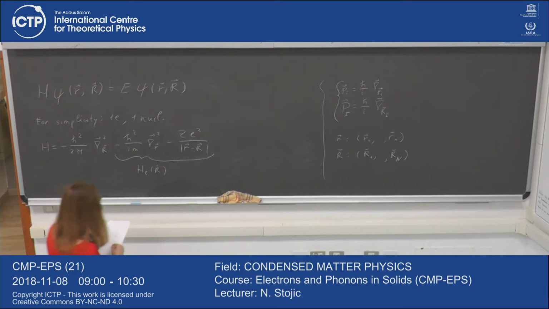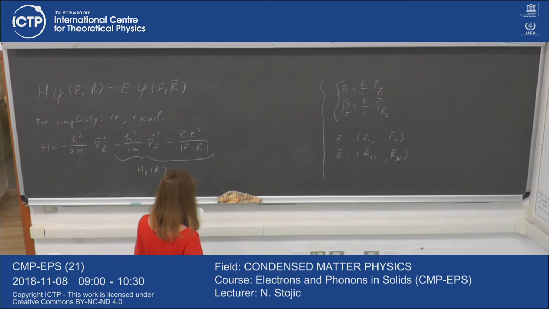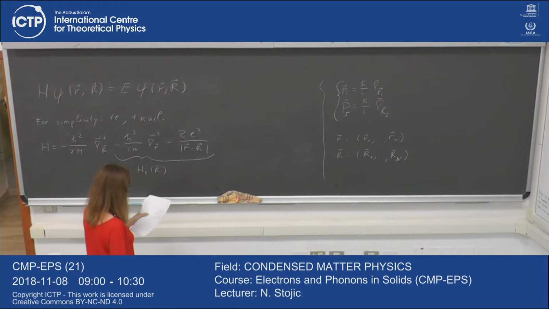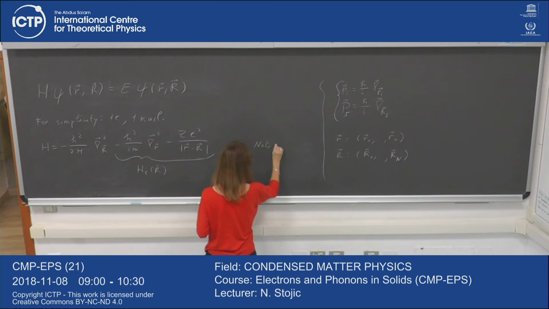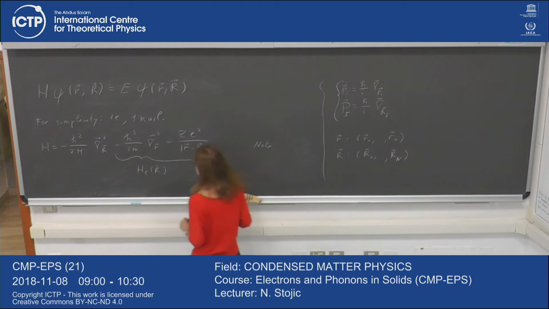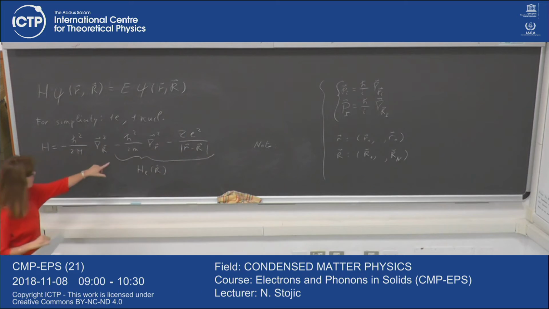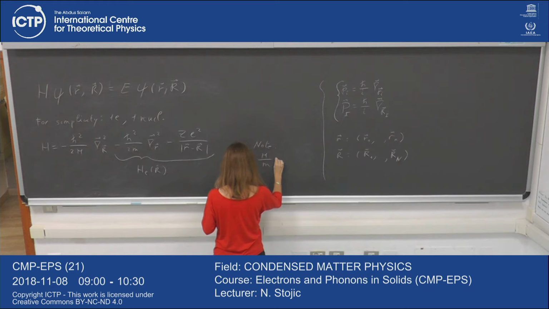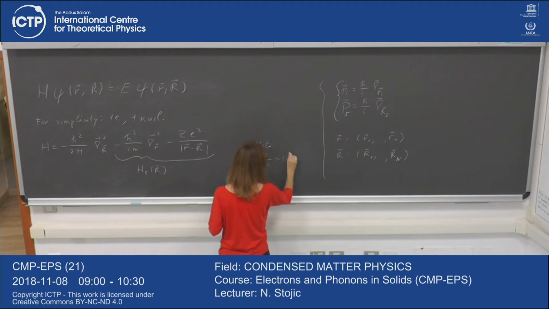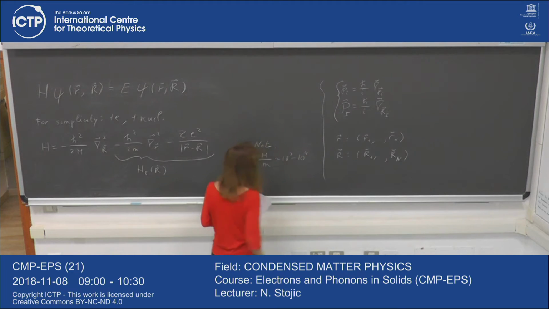Now, there is something important one should note already at this point, is that there is a huge difference between the two masses that appear, the electron and the nucleus masses. The ratio, that is the capital M over small m, is of the order of 1,000 to 10,000.